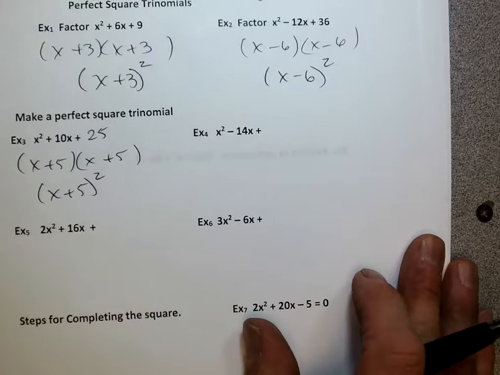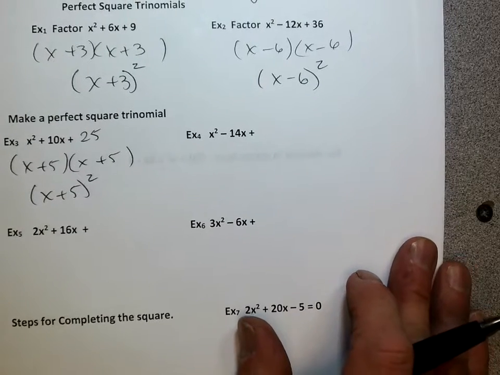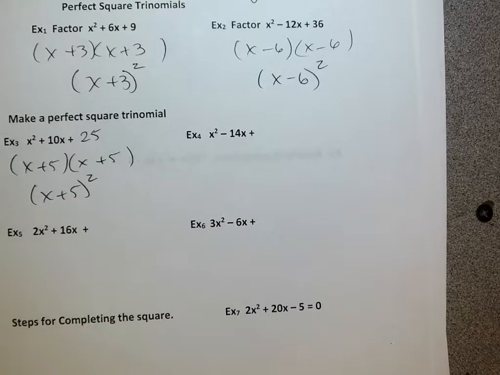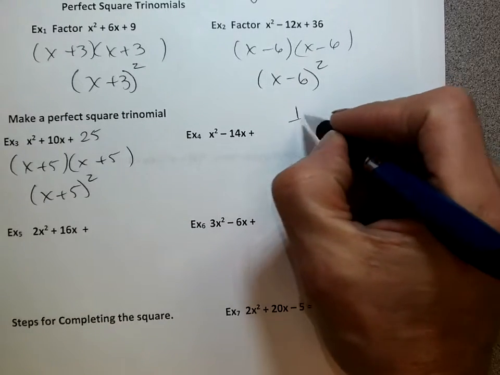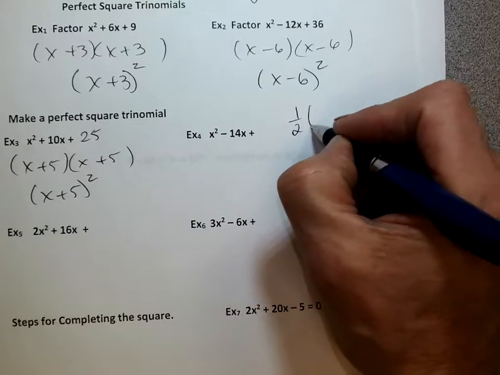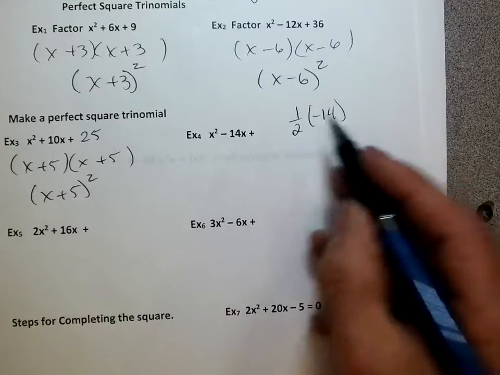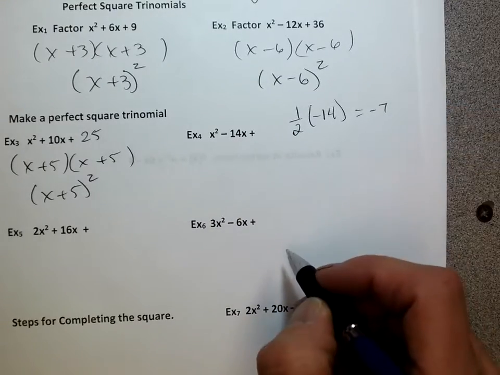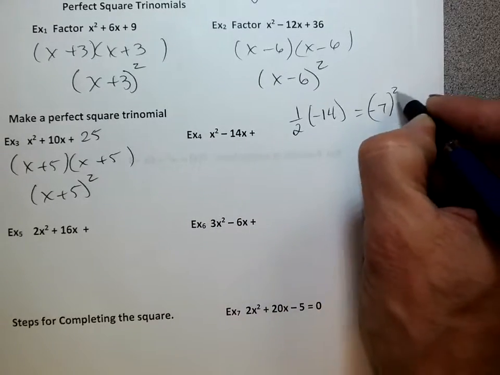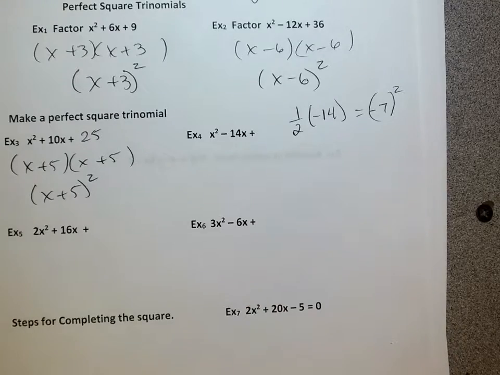Example 4, same way. Okay, do you already see the 49? Nice. Some of you are going to see it, but if you don't see it, it's okay because we have a little rule. The little rule is take half of b, that's b, which is negative 7. But you're going to square that and get a positive 49, right?